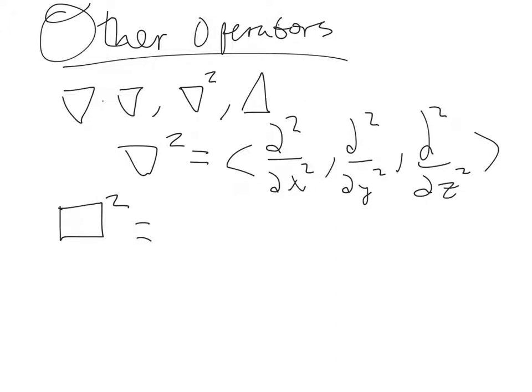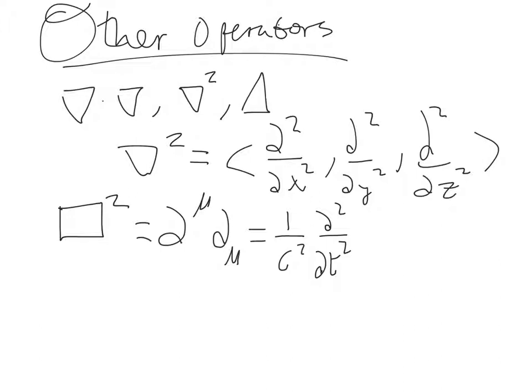In tensor form, this is written as delta with the superscript mu, delta subscript mu, and this is written out as gradient 1 over c squared, where c is the speed of light, partial t squared, with second derivatives minus the Laplacian operator.